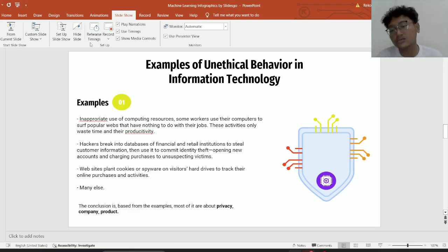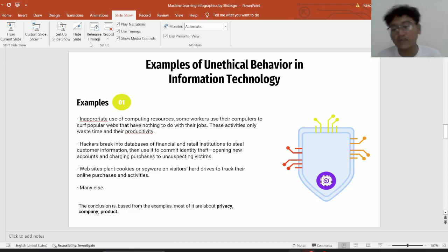And the third is websites planting cookies or spyware on visitors' hard drives to track their online purchase activities. If you know that some websites are gonna track our history, our purchase history, or our personal information too, then as you can see, our privacy and our personal data are not safe.